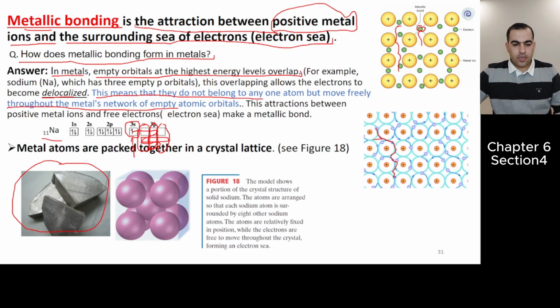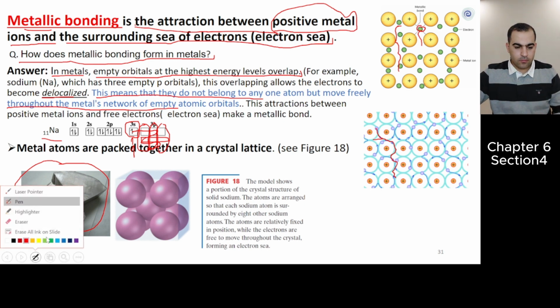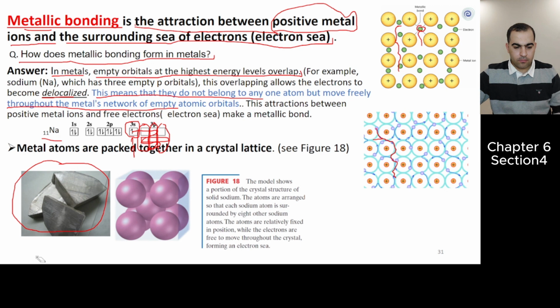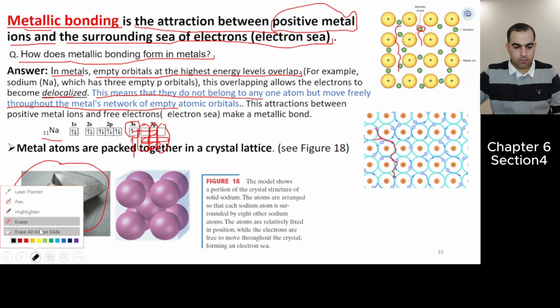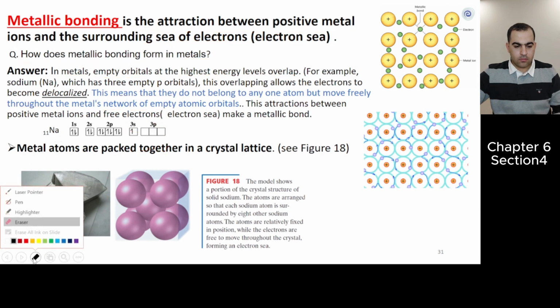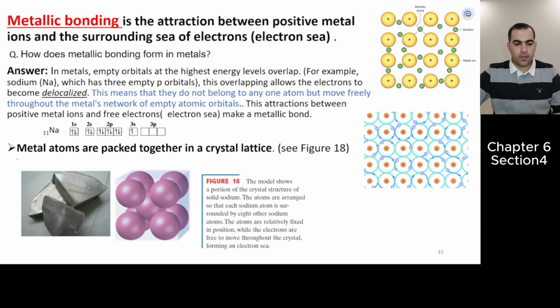Now let's talk about the structure, how the metal atoms are packed together. Metal atoms are packed together in a crystal lattice.